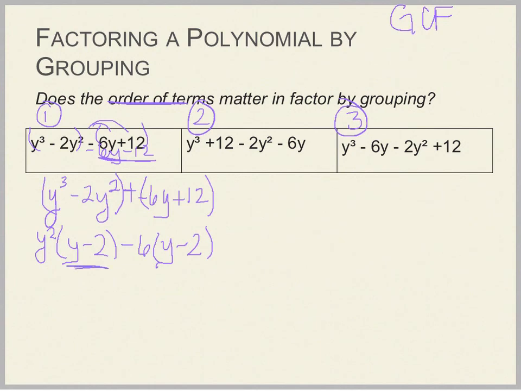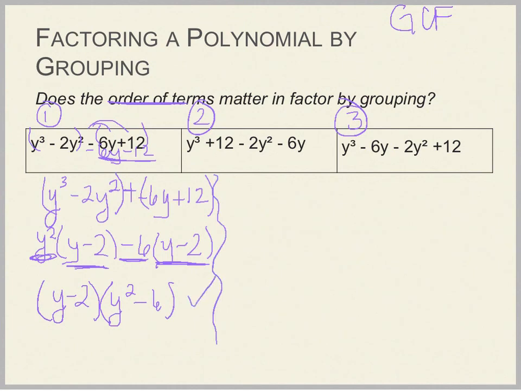I want that common binomial so that now I can factor out that binomial that's in common, y minus 2, and multiply it by y squared minus 6. You can see y squared minus 6, our second binomial right there. Okay, let's look at example 2 then to see if order matters.